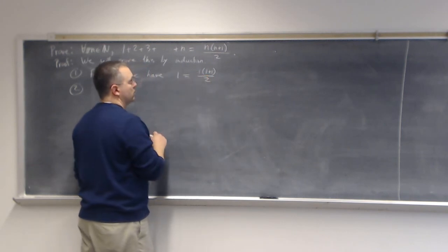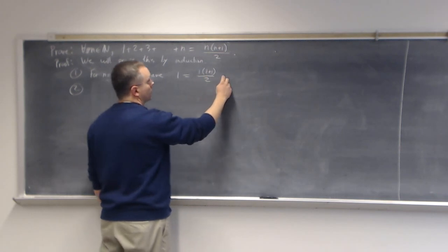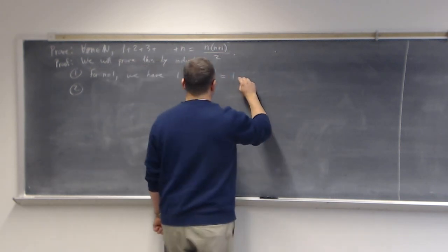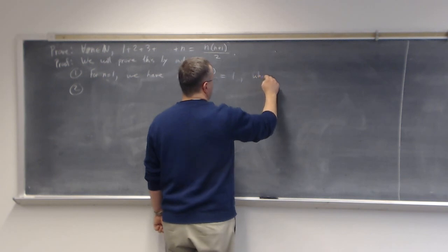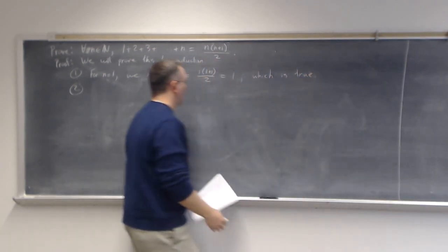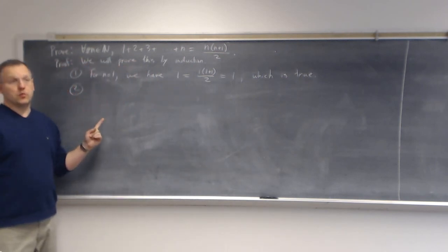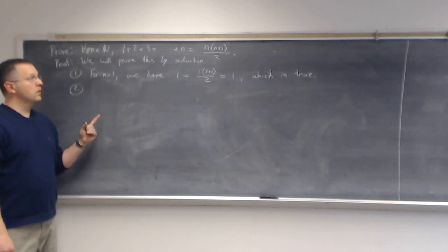Well, is that true? Yeah. 1 times 1 plus 1 is 2, so 2 divided by 2 equals 1, which is true. So we've shown the basis step. This statement is true for the natural number n equals 1.